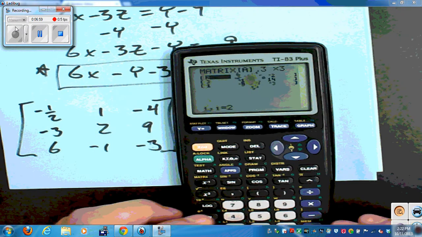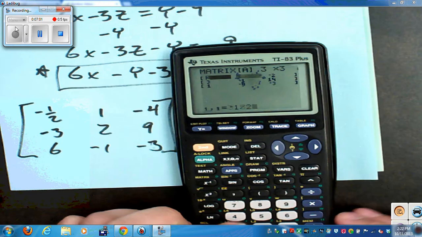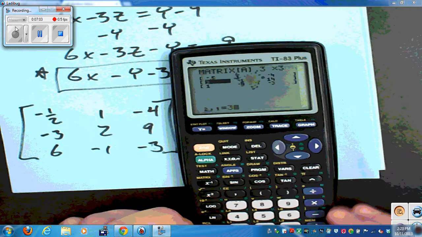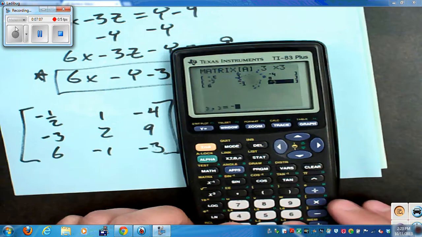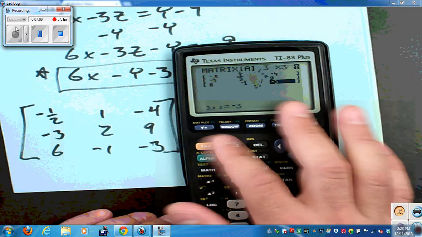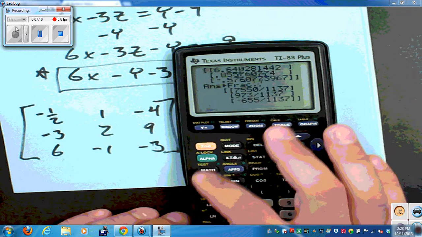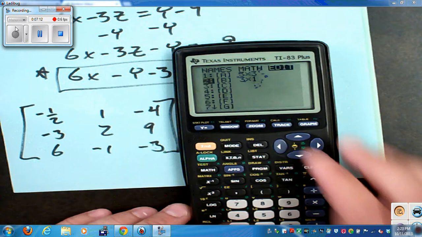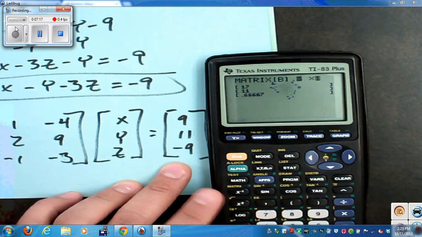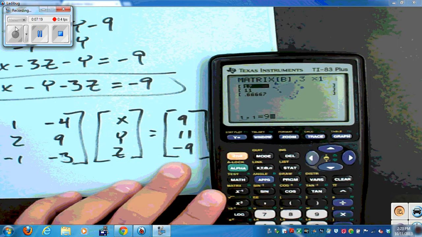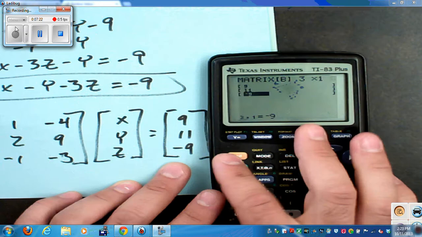I'm going to put -1/2, 1, -4, -3, 2, 9, 6, -1, -3. Quit. Back into matrix. Edit B. B is also a 3 by 1, so I'm just going to hit enter twice. Put in my values, 9, 11, -9. Quit.